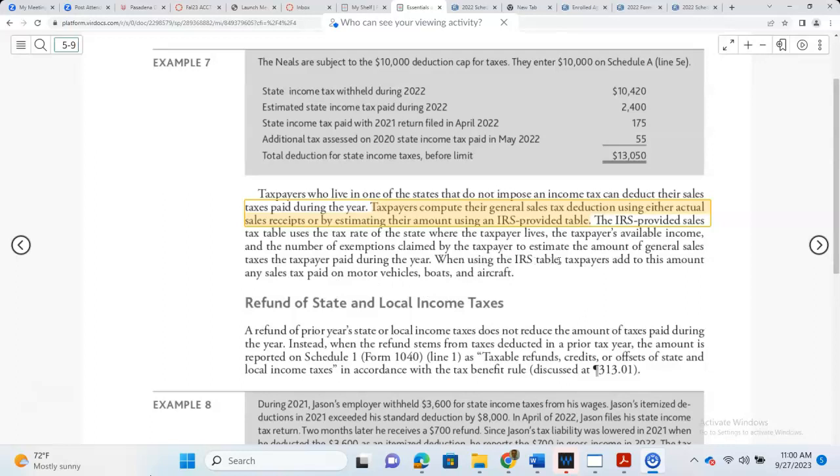When using the IRS table, taxpayers add to this amount any sales tax paid on motor vehicles, boats, and aircraft. Okay. This is good news, actually. When using the IRS table, taxpayers add to this amount any sales tax paid because you bought a car, a boat, an airplane.